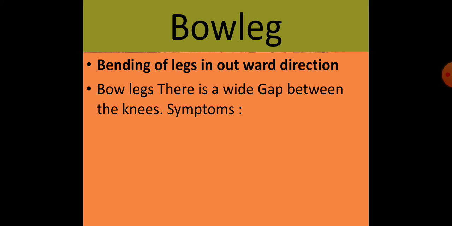By the name we can see the bow-shaped leg. Legs become in bow shape. So in Bowleg, a wide gap between the knees can be seen, because the knees are moving outwards from each other and the legs become bow-shaped.